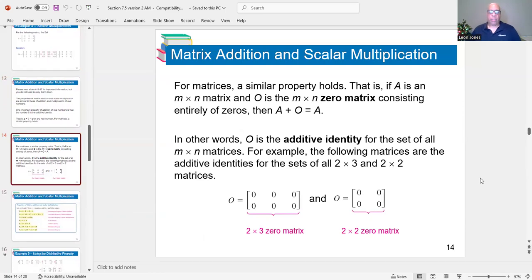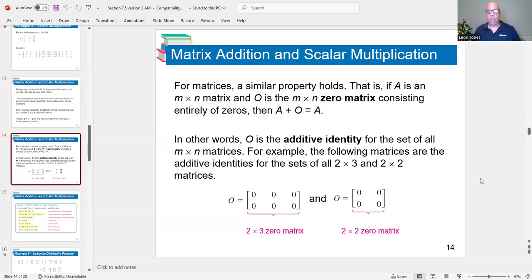Now for matrices, a similar property holds. That is, if A is an m times n matrix and O is the m times n zero matrix consisting entirely of zeros, then A plus O equals A. So in other words, O is the additive identity for the set of all m times n matrices.